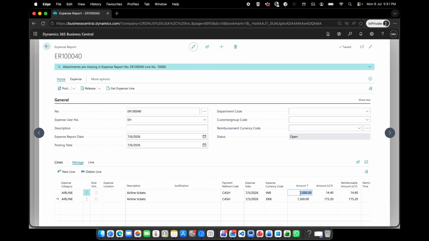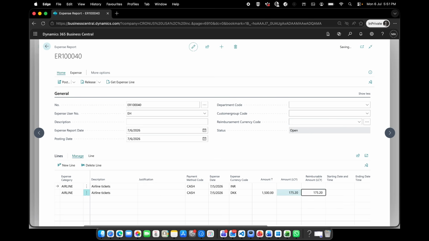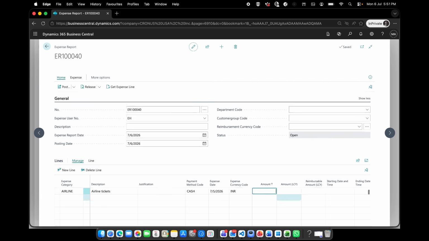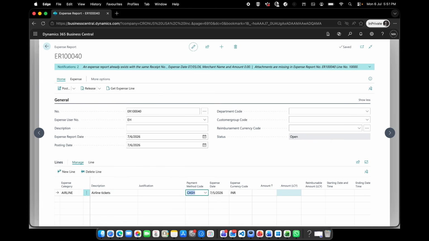So now what I'm going to do is that I'll remove this. I'll remove this. I have two lines. I'll say DKK 100, and then I'll say INR is 1000. So let's see what happens now.